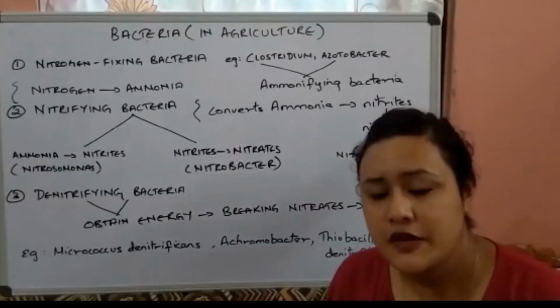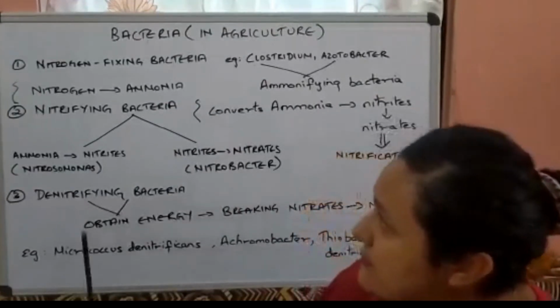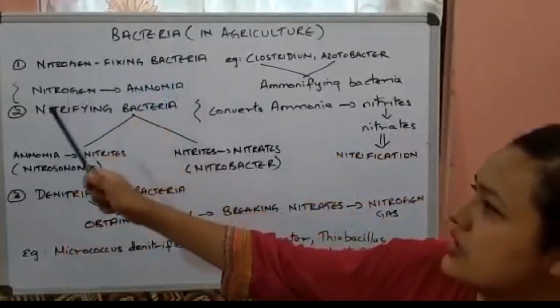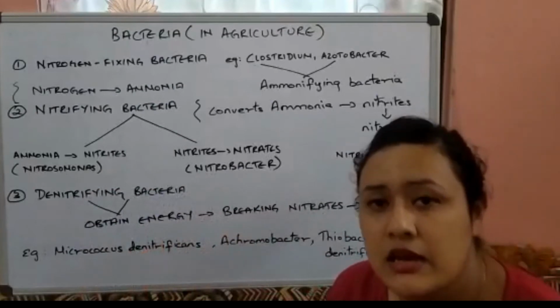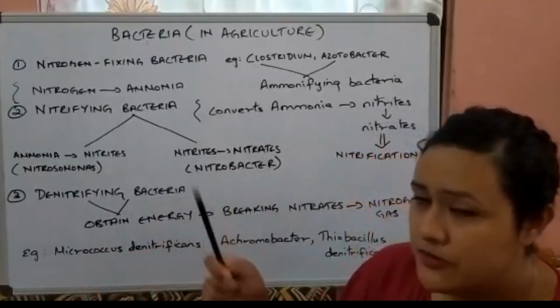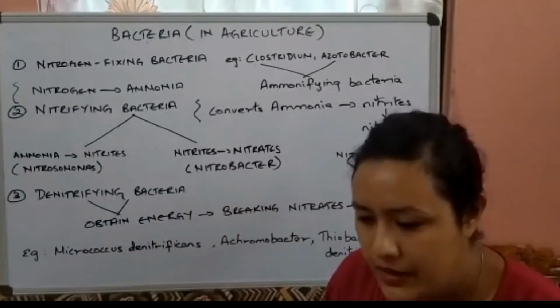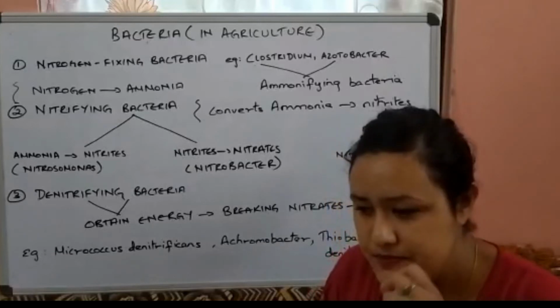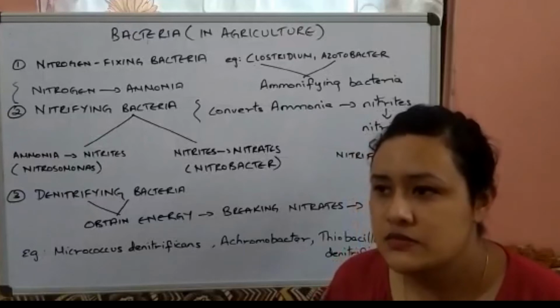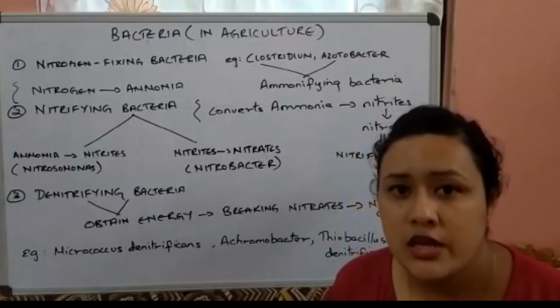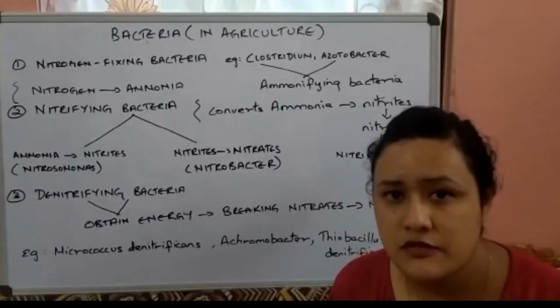Bacteria here are mainly of three types: nitrogen fixing bacteria, nitrifying bacteria, and denitrifying bacteria. Before I explain this, you should know that all living organisms need different kinds of gases to live.